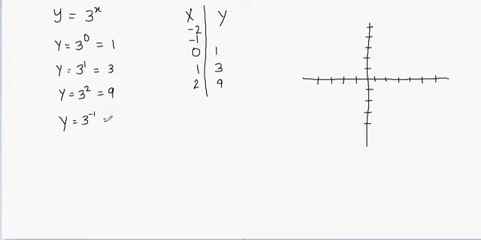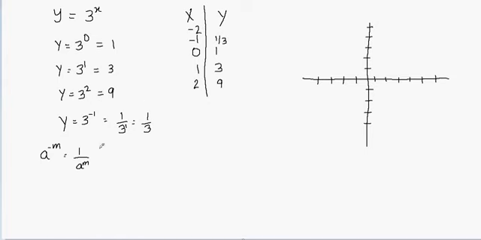Now, if you remember the law of exponents, if you have a base a raised to the power negative m, then you can write this as 1 over a to the power m. So you just write the reciprocal. So here I can write this as 1 over 3 raised to the power 1, and 3 raised to the power 1 is 3, so I can write this as 1/3. So when x is -1, y is 1/3.